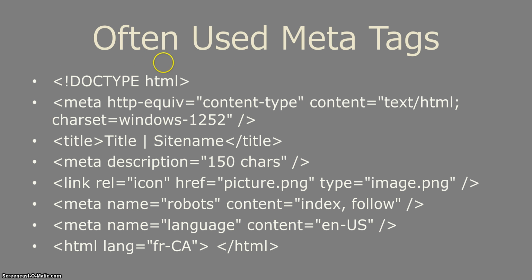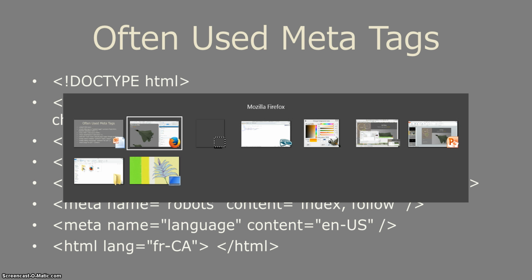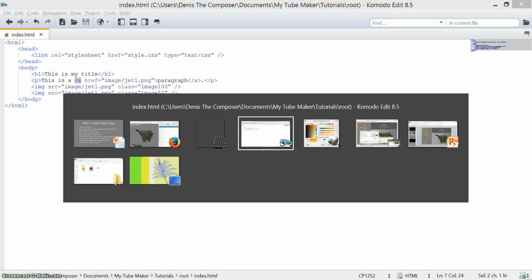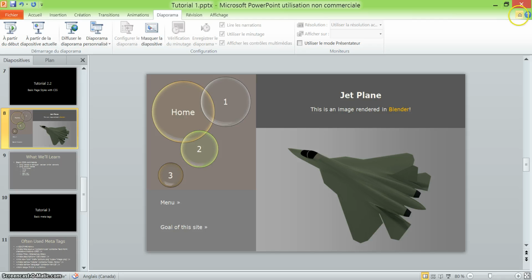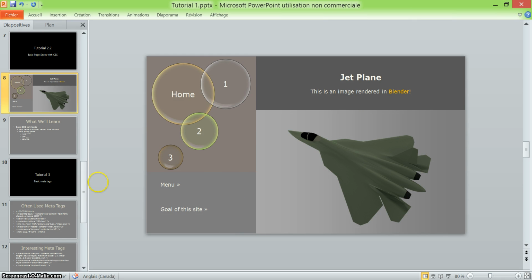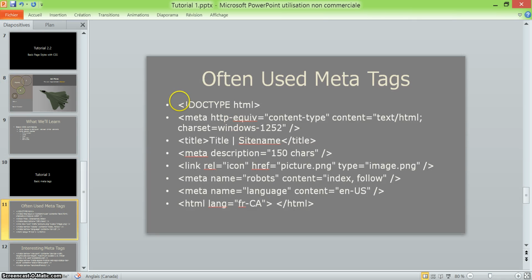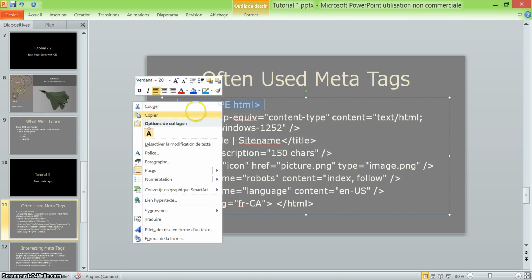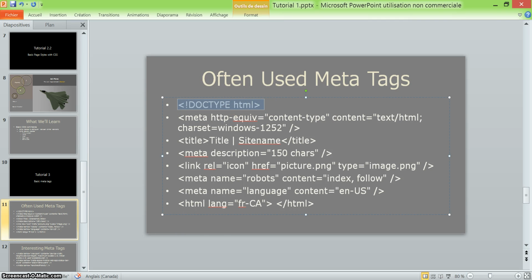And here we're considering often used meta tags. The first one, incidentally, is not actually a meta tag as such. And let me just go to this version so that I can copy the stuff here. So we're going to use this doctype declaration to tell which version of HTML we're using.